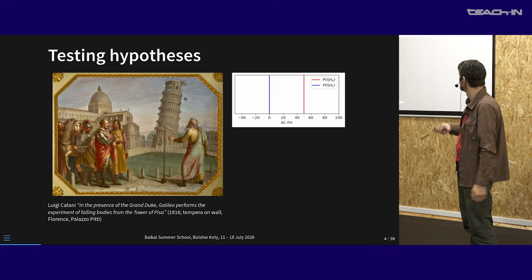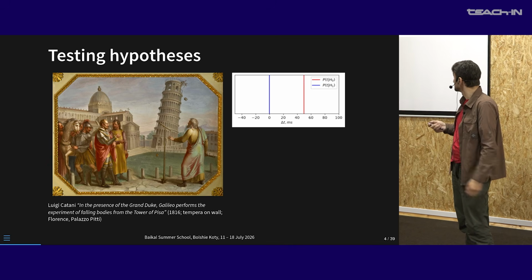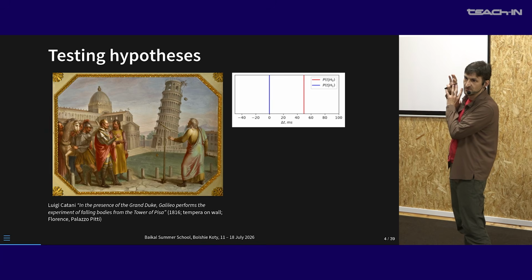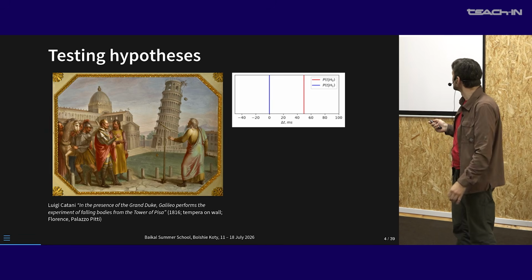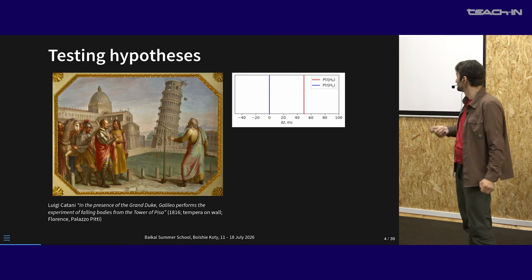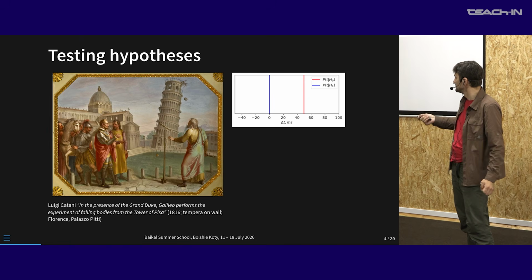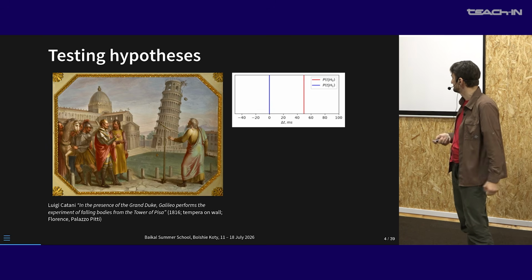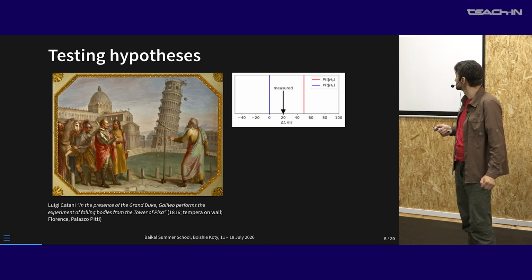If it's not 0, but some value predicted by Aristotle's hypothesis, so the numbers are arbitrary, I didn't make any calculations for Pisa Tower in Aristotle's case, then Aristotle is right. And yes, the Grand Duke is watching. Probably he's a funding agency and big boss. And then this happens.